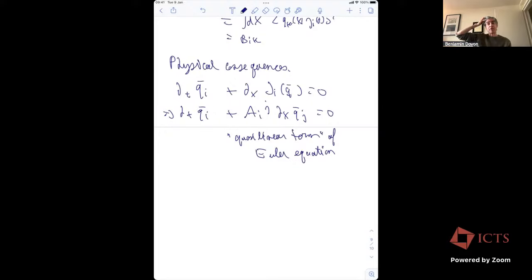It's quasi-linear because it is linear in the derivative with respect to q, but it's quasi because, in general, A_ij is actually a function of all these q's. The derivative of this current with respect to the densities is still a function of all the q's, except if the currents are linear. Of course, if the currents are linear, then A is just a constant.